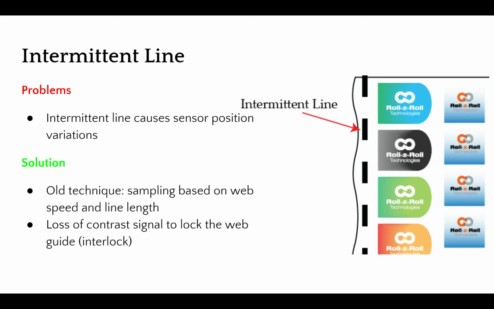So you can add something like that. This technique does require knowledge of the pattern, and if the pattern changes, it needs to be programmed, speed, and all those kind of things.